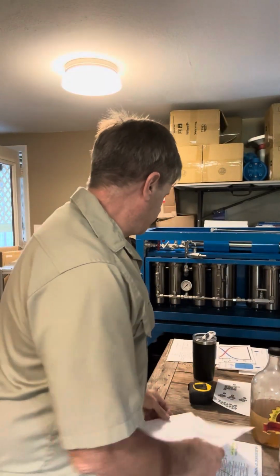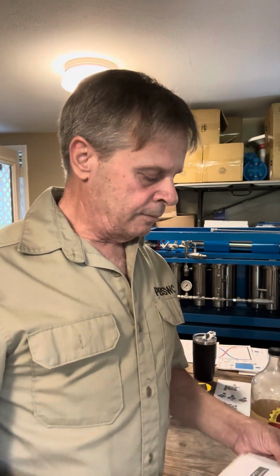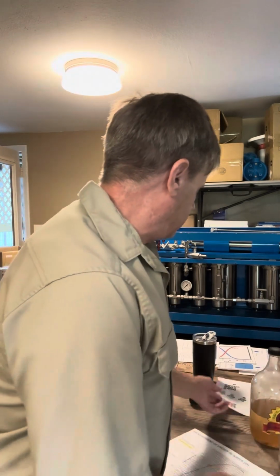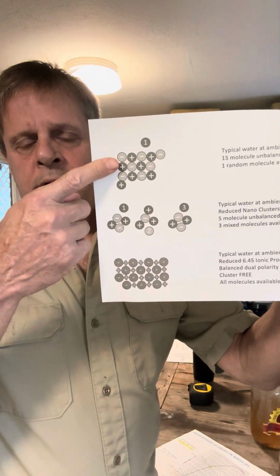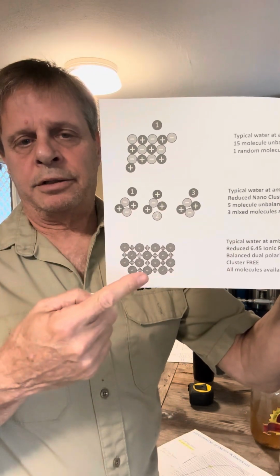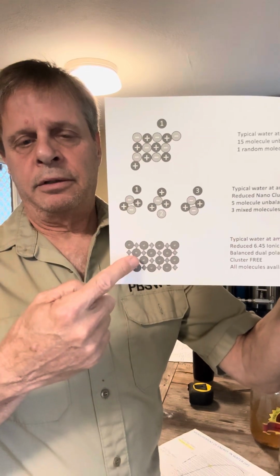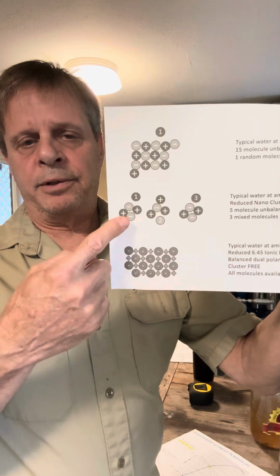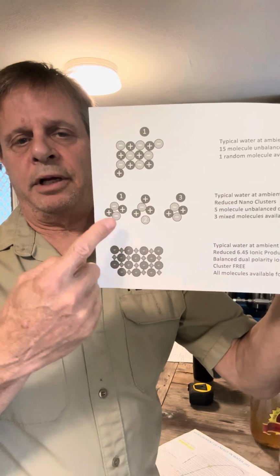Okay, so absorption. I hope that clears up the confusion about the difference between sink water, electrolyzed water, single polarity, and dual polarity. In single polarity, you can't unbalance anything because you only have one power.